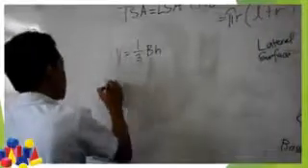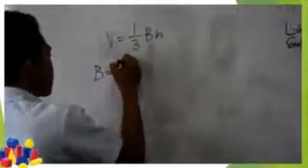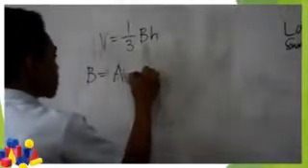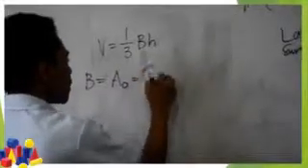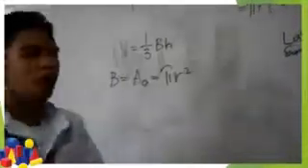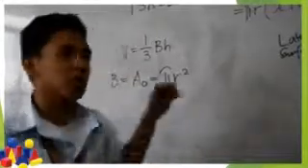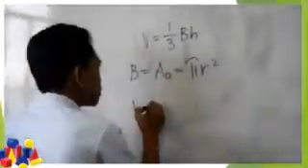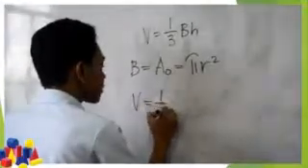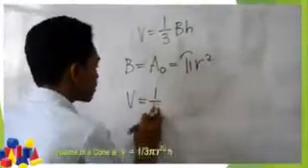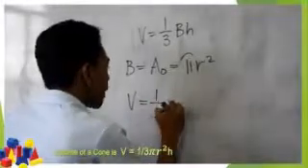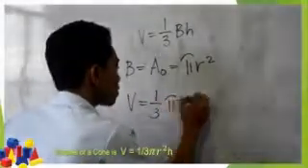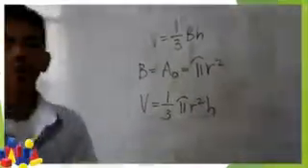So, B is equal to the area of the circle, which is pi r squared. Substitute the value of B, so we have the volume of a cone is equal to 1/3 pi r squared times height. So, we have the volume of a cone.